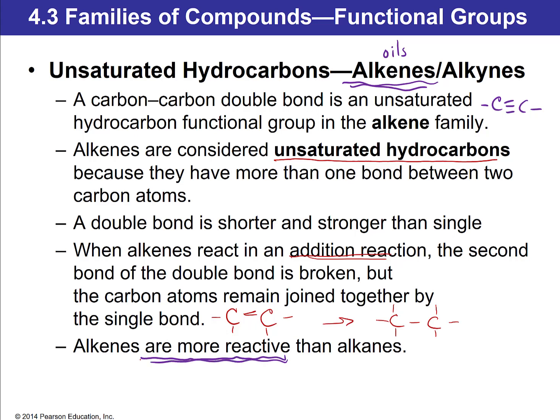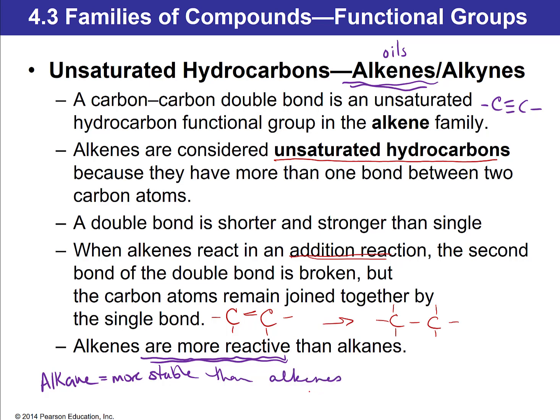The unsaturated are more reactive than the saturated. So when you have double bonds and triple bonds, that's going to create a more reactive molecule. It's not as stable. Single bonds are the most stable. So alkanes are more stable than alkenes with their double bonds.